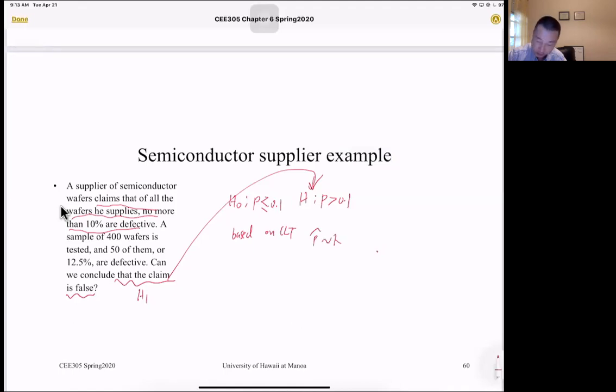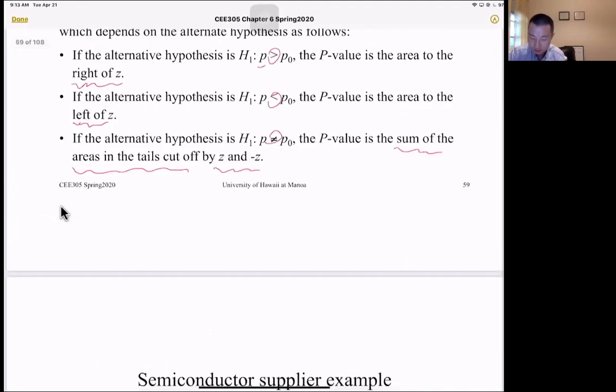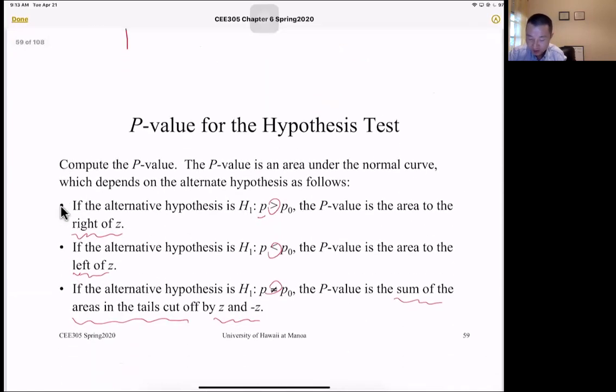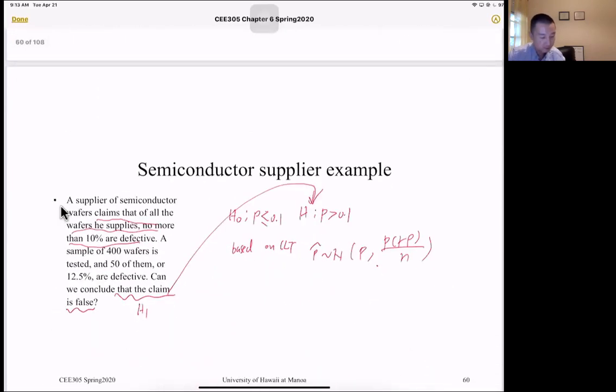We'll follow up a normal distribution, like this. That's the reason why we need to calculate the z-score like this. And we call that the null distribution.